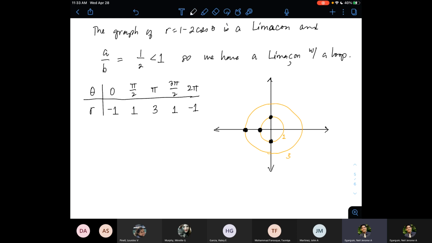So I'll start here. I know there should be a loop somewhere there, and then the graph will look like this.